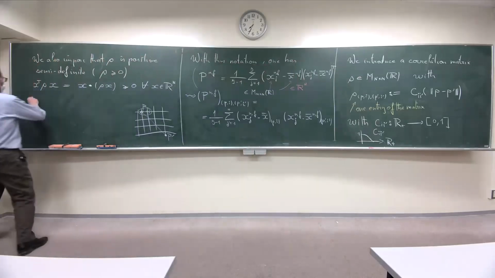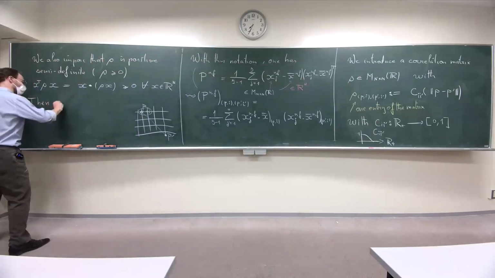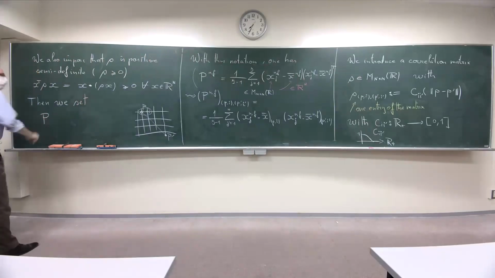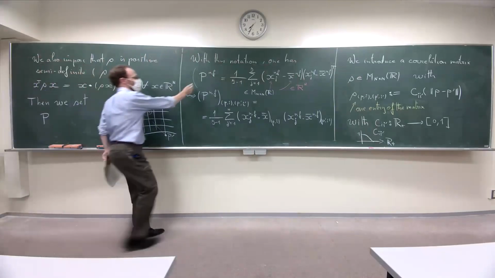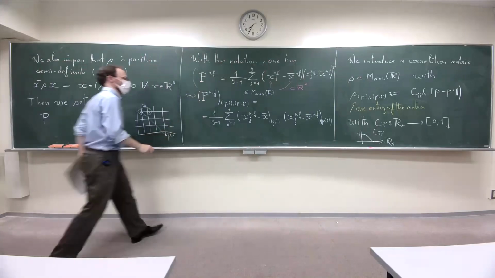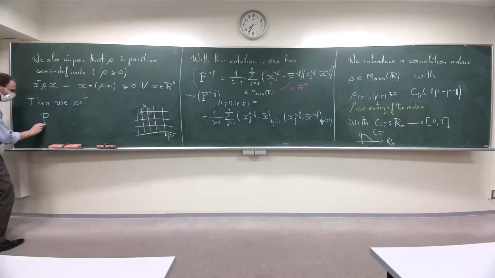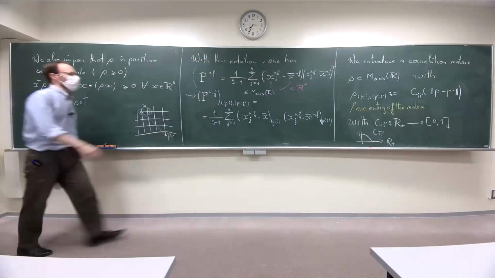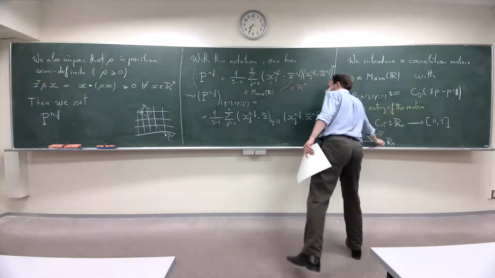Then we set P bar, maybe I should put a small bar here just to make a difference. This matrix P_N^F, and I will now add a letter L for localization.